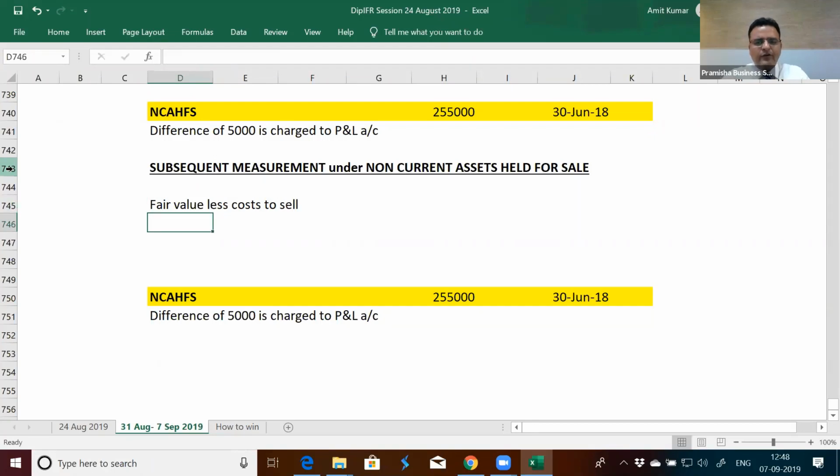If you noticed, I have not written any comparison on the date of subsequent measurement. It will be at fair value less cost to sell, no comparison thereafter.